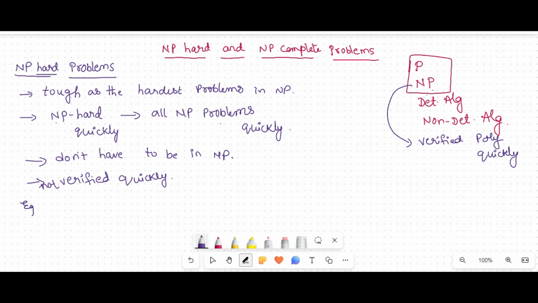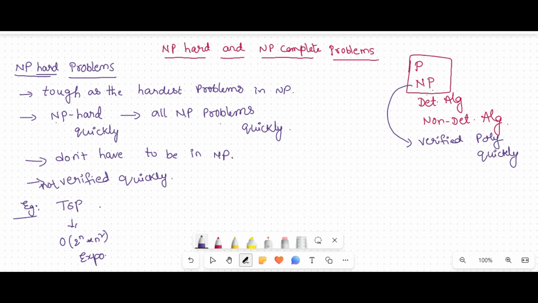An example of NP hard problems is the traveling salesperson problem. Generally this problem is of order 2 power n into n square, which is non-polynomial time, that means exponential time.